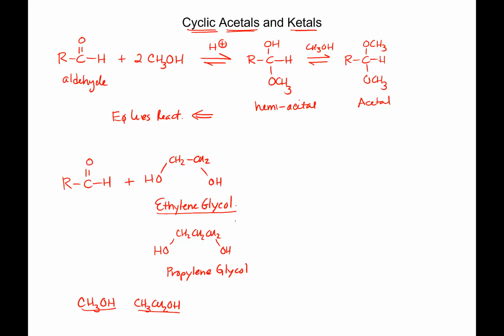We're not going to use propylene glycol, although we could. We're going to use ethylene glycol to do this reaction. So we're going to react the ethylene glycol molecule with an aldehyde in the presence of acid.